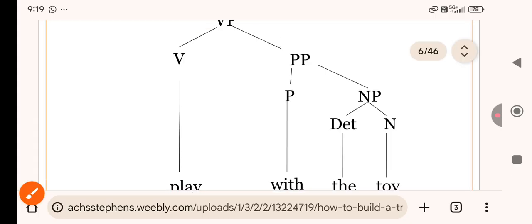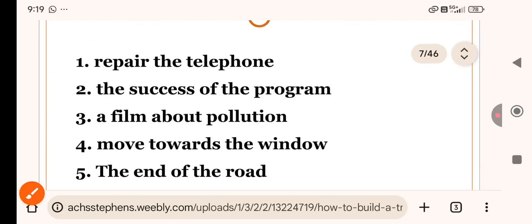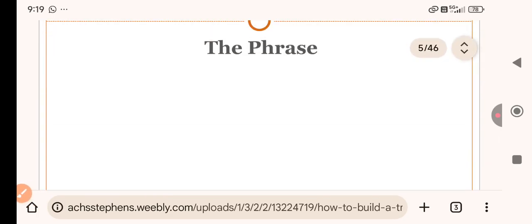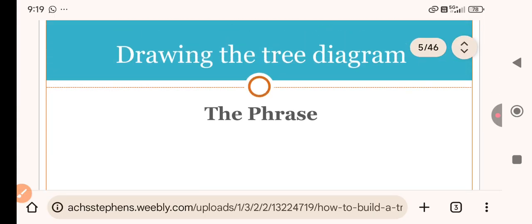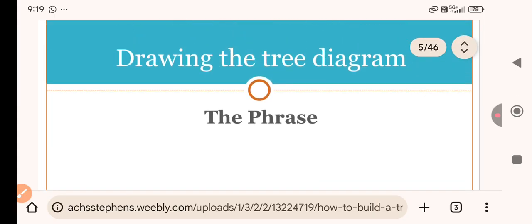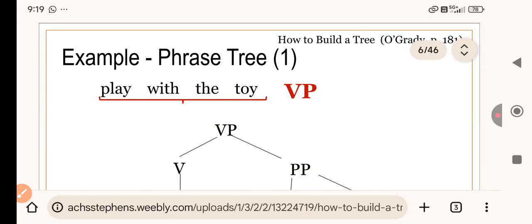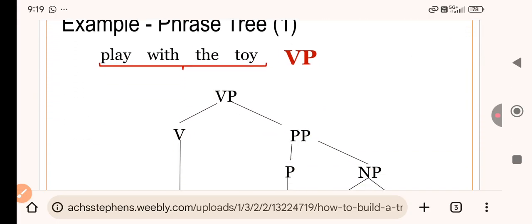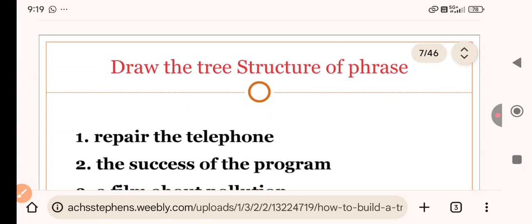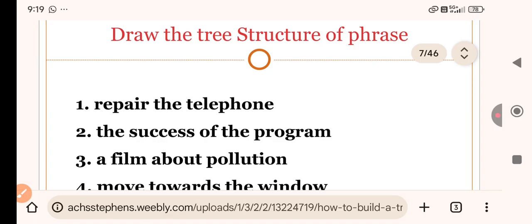This way the phrase will be analyzed. Moving to another, they must have given a verb phrase, but it is missing somewhere. Anyway, you must have got the idea of how to analyze a verb phrase. Now moving to another one, that is, draw the tree structure of the phrase, right?